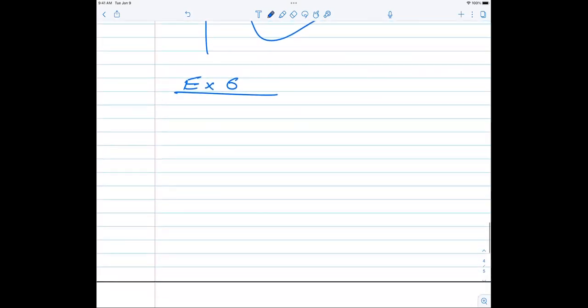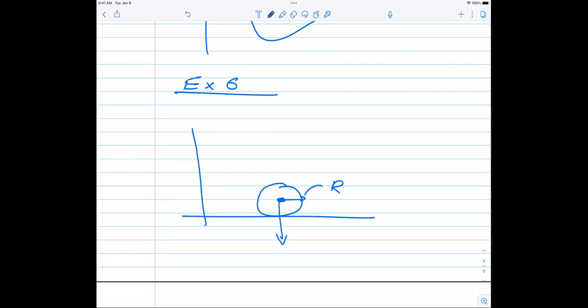We have a ball which now hits the ground, and this ball has a radius, which we call r. It's under the influence of the gravitational force. There's going to be a normal force from the ground, N. And then we're also going to have air resistance, which will act against it. So there will be a force F_D, the air resistance or drag force. And then we have the gravitational force here.